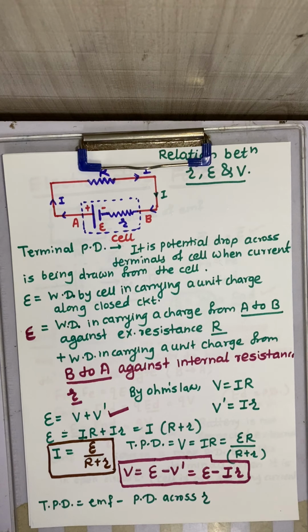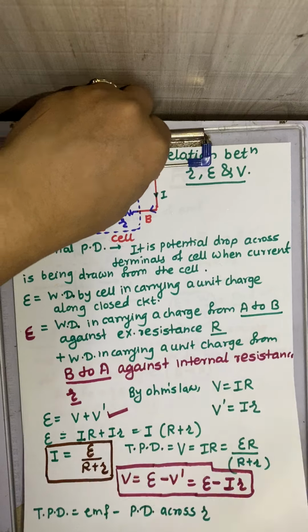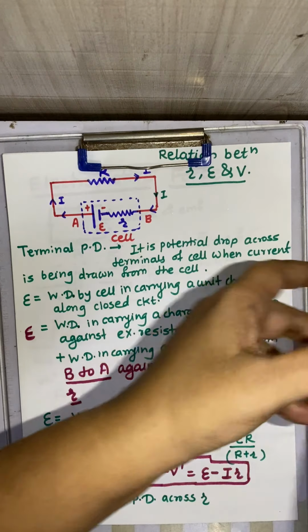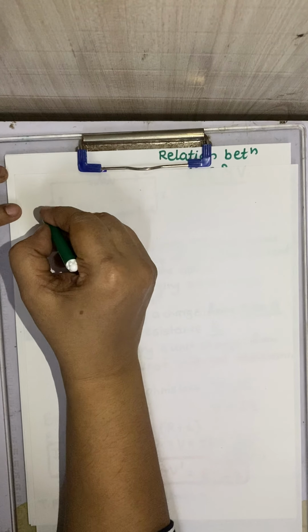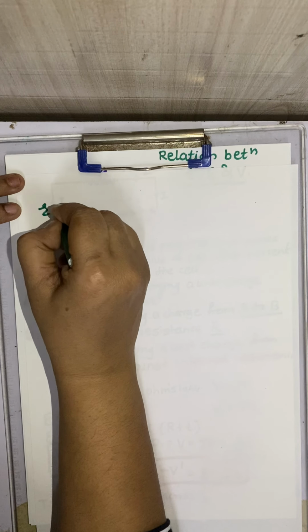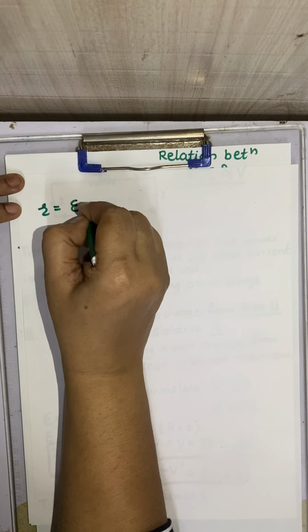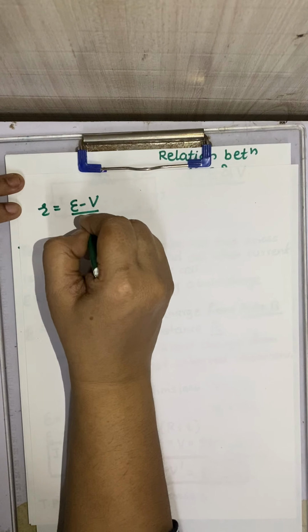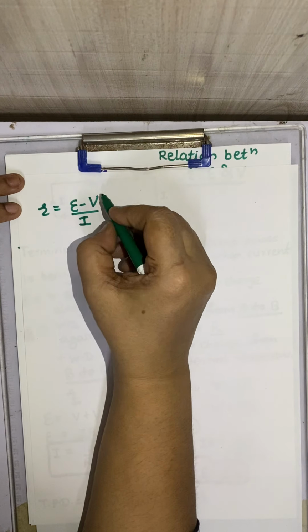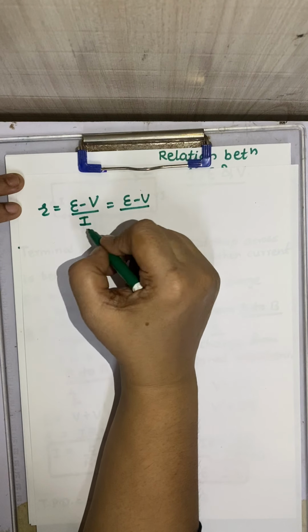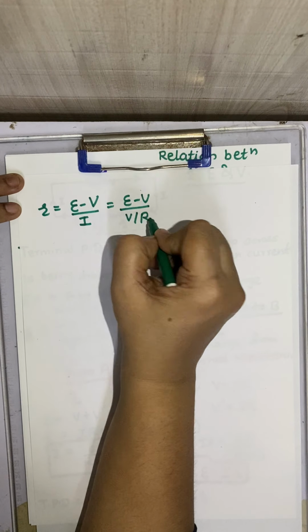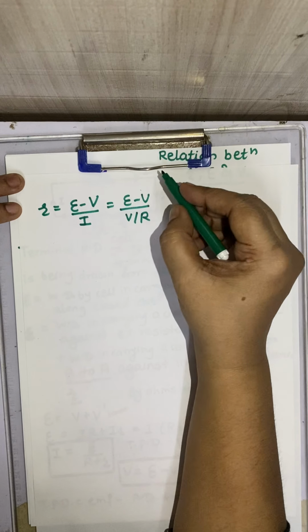From these equations we can get another equation, and I will write that r is equal to E minus V upon I. So E minus V upon I, where I is equal to V upon R, capital R being the external resistance.